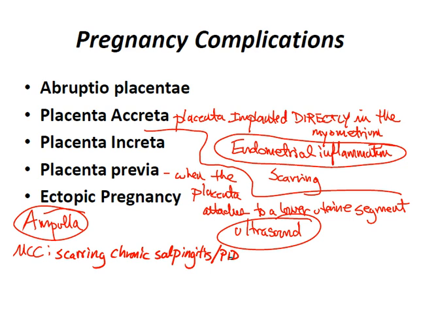Other causes include history of prior ectopic pregnancies or prior tubal surgeries. Now, the clinical presentation of ectopic pregnancy is a sudden lower abdominal pain with or without vomiting.